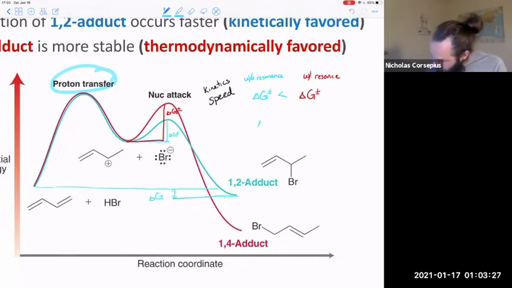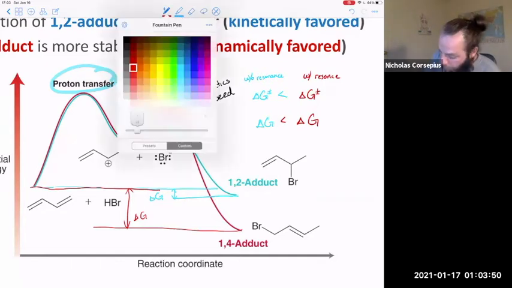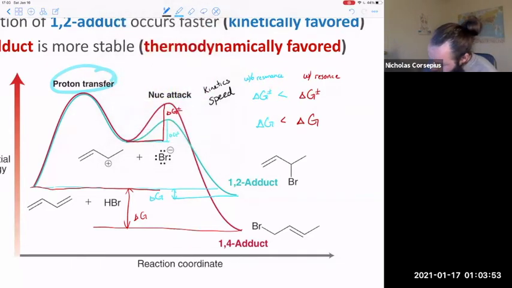And in this case, delta G of the 1,2 is going to be smaller, both are negative, which is important, but smaller than the delta G of the 1,4 adduct. Okay, and what does delta G correspond to? Thermodynamics.